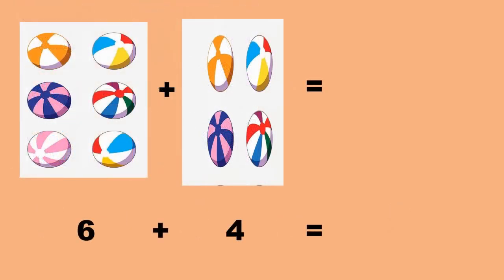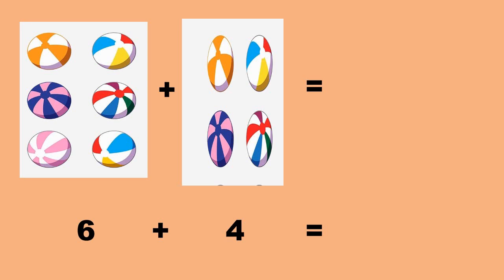Now student, in this example we have 6 plus 4. It means we have to add 4 more balls to 6. So student, what do we have to do? Yes, first we have to identify which is the bigger number. So here 6 is the bigger number. So we have to count after 6 because 6 is the bigger number.